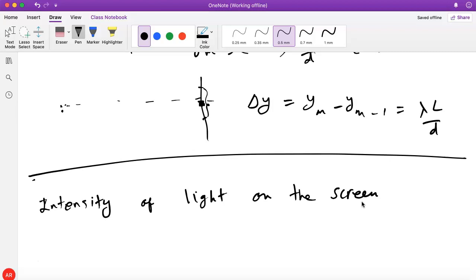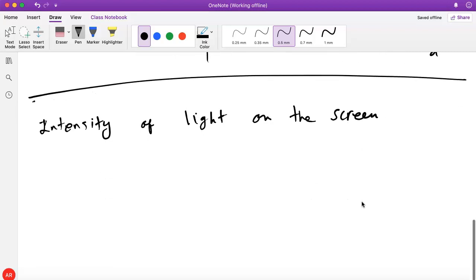So most of the points on the screen are somewhere in between. They're neither fully destructive nor fully constructive. There's something in between. And this gives rise to a pattern of intensity. So definitely the points of destructive interference must have the smallest possible intensity. In the limit where we assume the amplitudes of the waves arriving there are the same, that's 0.